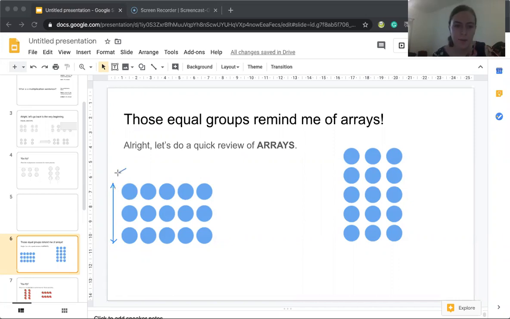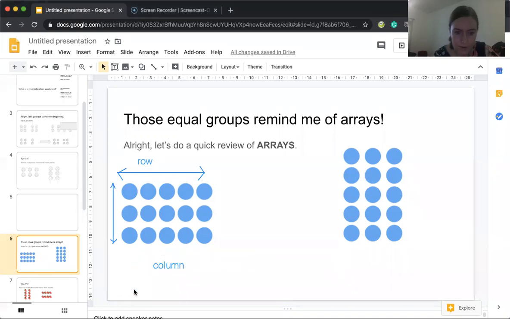Now, if I'm talking about across like this, do you remember what that's called? That's called a row. So the best way that I can think to do that, let's put the writing in so that you remember. That's a row. And we're just going to take this guy and see if we can twist him around. He doesn't want to twist around, but that's a column, okay?